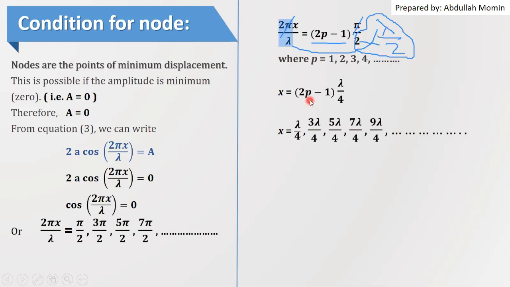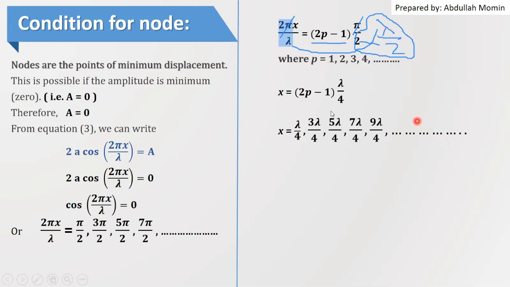Then when we put the value of P as 4, we will get 7 lambda by 4, and so on. So by putting the values of P from 1, 2, 3, 4 and so on, we are getting x equal to lambda by 4, 3 lambda by 4, 5 lambda by 4, 7 lambda by 4, 9 lambda by 4 and so on.